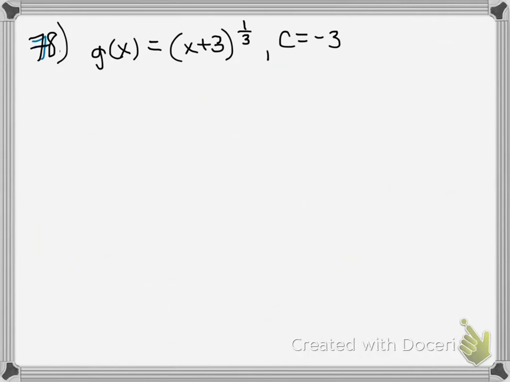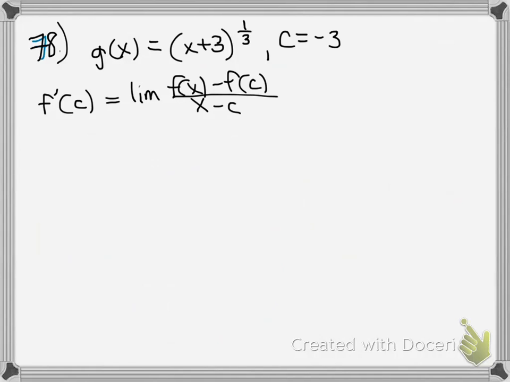And then another example, like number 78, we're still doing the same thing. It tells me to find the derivative at c, and in this case, c is equal to negative 3, using the alternative form, which is this formula right here. F prime of c is equal to the limit of f of x minus f of c over x minus c as x approaches c.